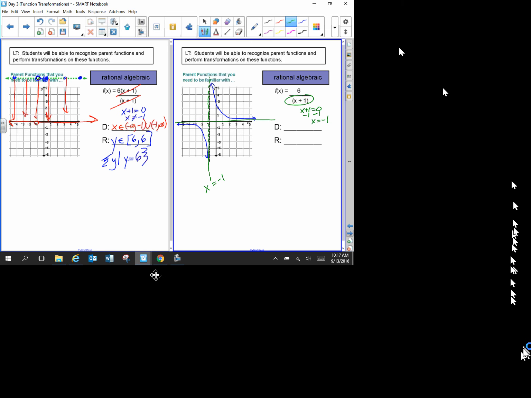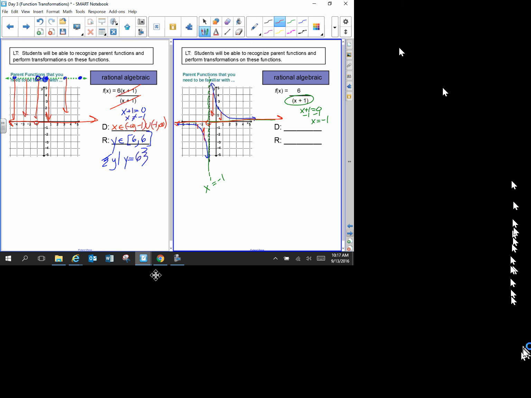Well, looking here at the domain, this right here will crunch down so we get everything that goes this way, and this right here will crunch down so we get everything that goes that way. So is it all real numbers then for the domain? What would you say? Everything but the asymptote at negative 1, because nothing can touch this negative 1.